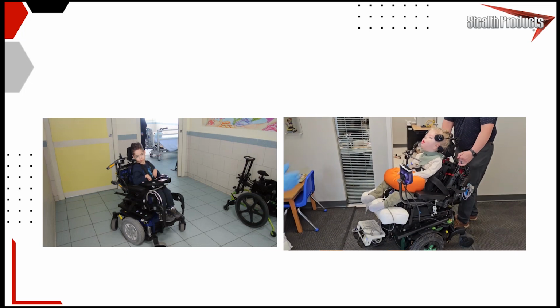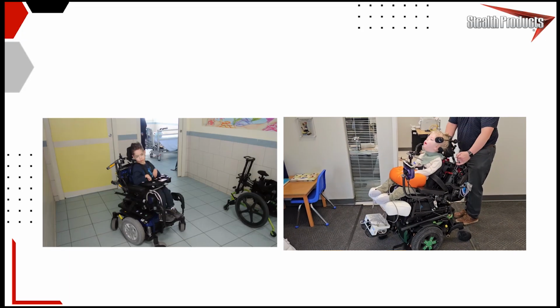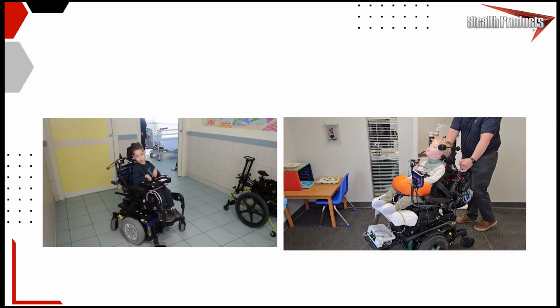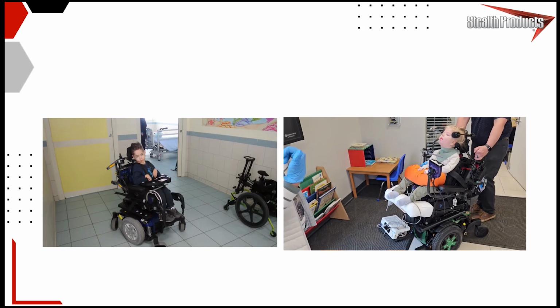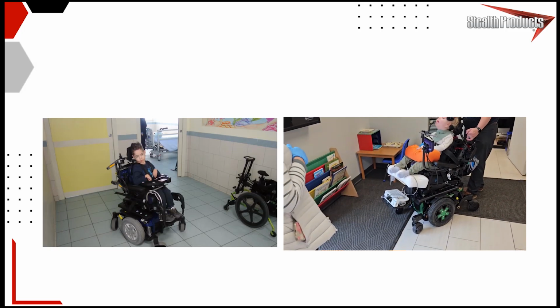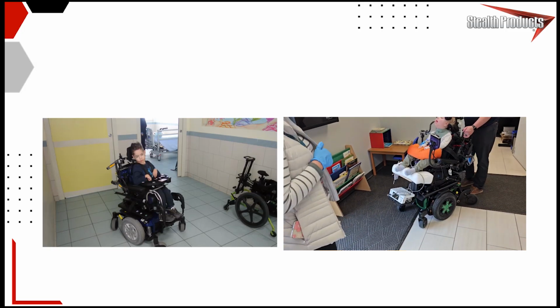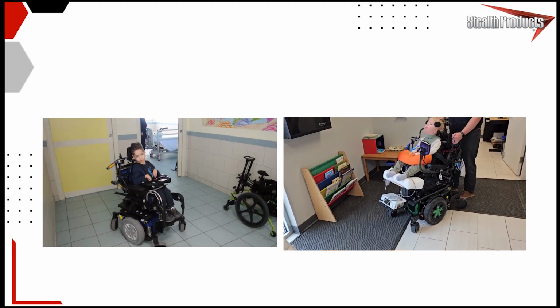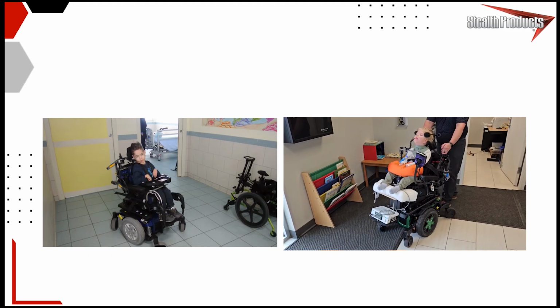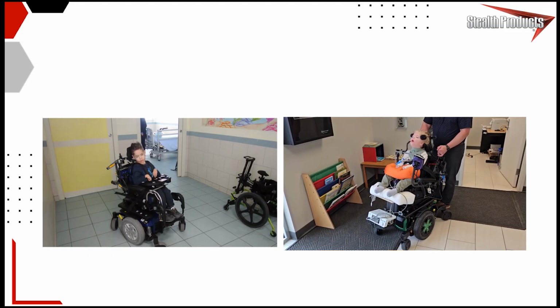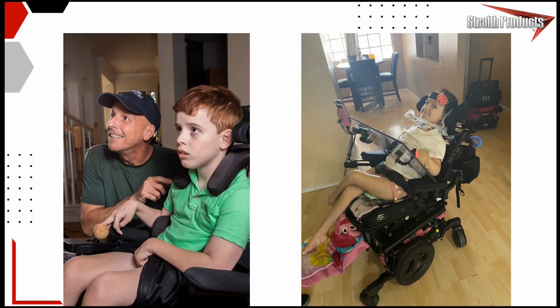And then in the second video, we have a custom tray array. We've got several switches placed on the top of that tray so he can drive and manipulate that chair. Again, iDrive is letting us do that. We're able to plug in whatever kind of switch he needs there. And then here we have Pierce and his dad on the left.